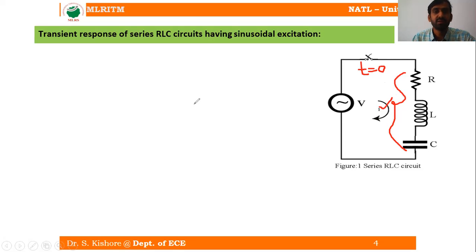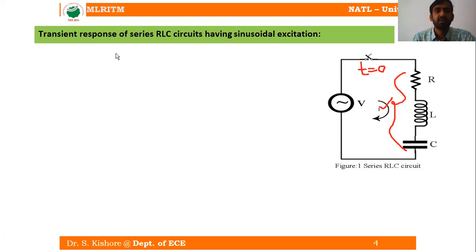Is it clear? So now for deriving the current expression, let us know the first basic mathematical expression, how to represent the sinusoidal signal. Right? How to represent the sinusoidal signal.